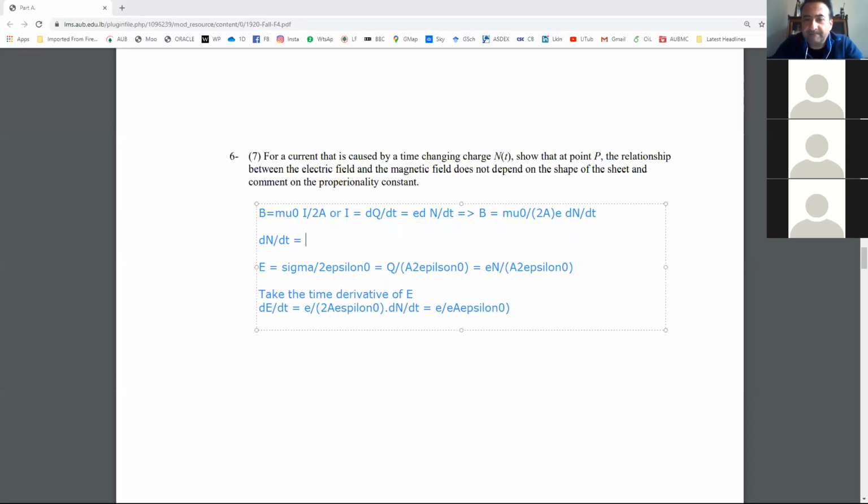We don't need to divide sigma over 2 epsilon 0 by the area of the Gaussian surface, which we took from there? No, here. In order to determine the electric field, we use the Gauss surface. But here, sigma is the actual real charge density. So it's the total charge divided by the total area of the sheet.